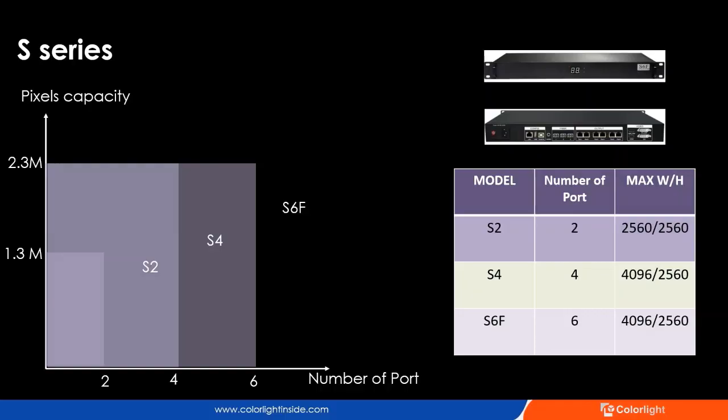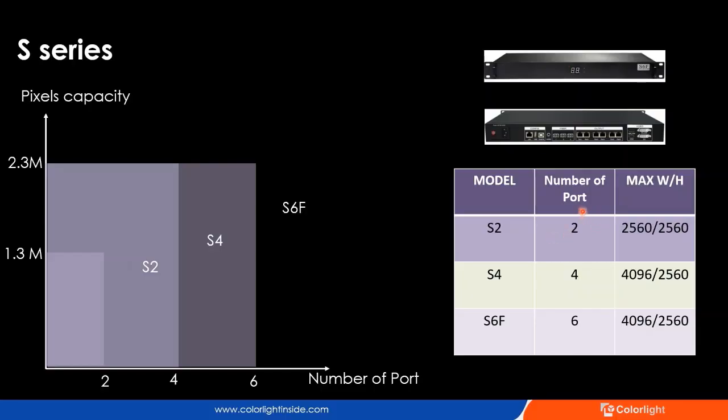Firstly, we are talking about the X series. The X series is the big sender in Colorlight, which can display the video source on the screen pixel by pixel, and there is no video processing function built in. Currently, there are 3 models in the X series.